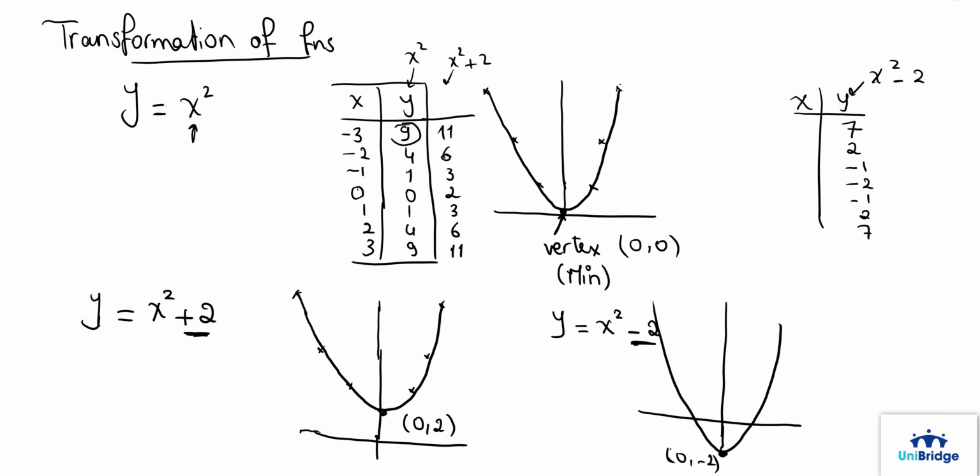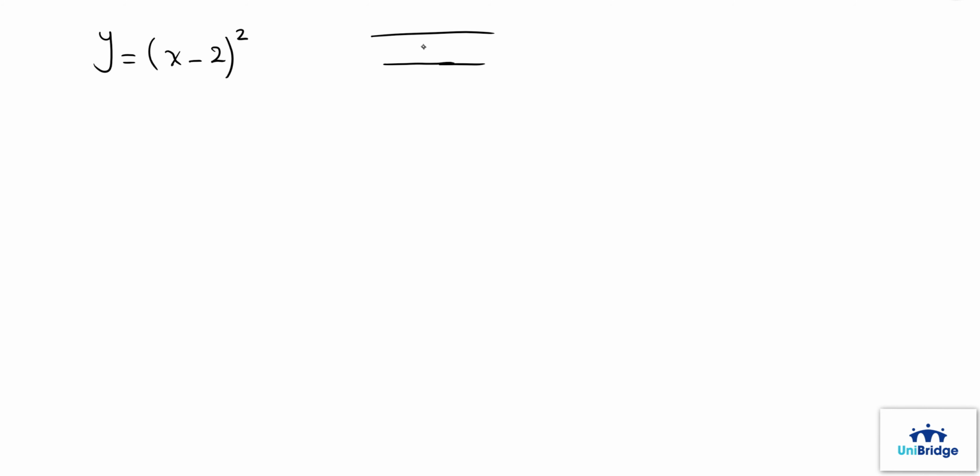Let's see what happens if these numbers happen to be inside with the square. So let's try looking at y equal x minus 2 all squared. Now if we do our table of values again, x and y, and say that this is -3, -2, -1, 0, 1, 2, and 3, and you begin plugging in. So when x is -3, y is going to be 25.